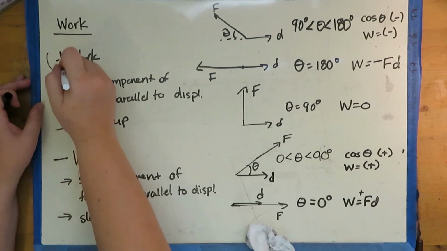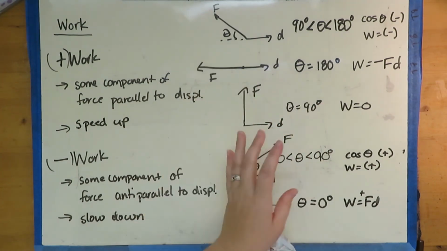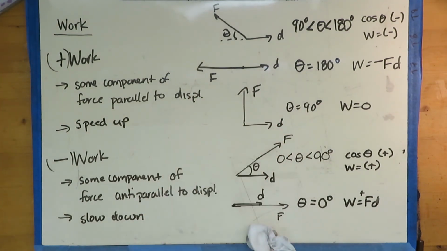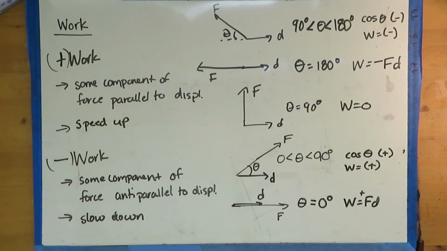So even though work is positive or negative, the work does not have a direction. I cannot draw a vector for work on this diagram, but the directions of my vectors help determine whether I have positive work or negative work. And once again, the sign of work will start to make a little bit more sense when we start talking about changes in energy. And so you can see we can relate to changes in speed and so forth here.